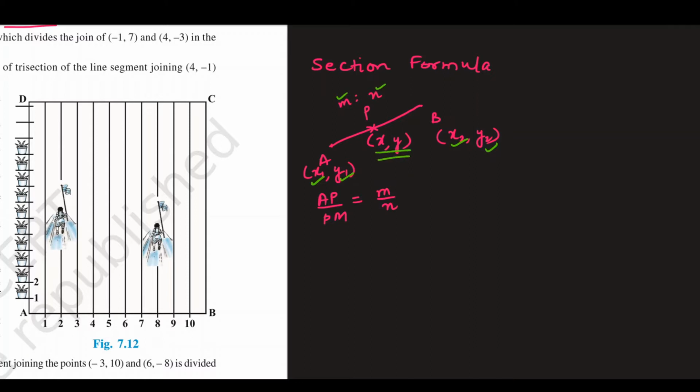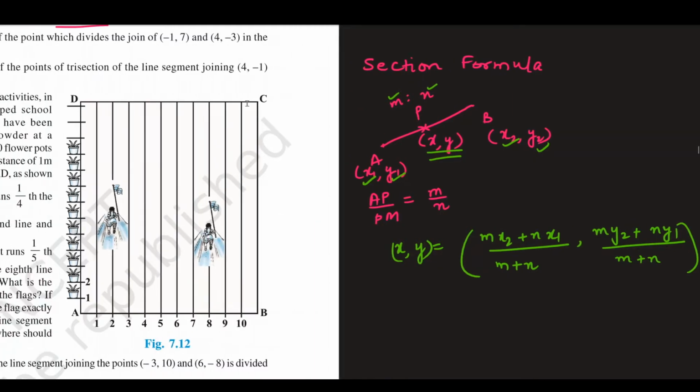So the formula states that x comma y is equal to (m x2 plus n x1) upon (m plus n), comma (m y2 plus n y1) upon (m plus n). So in this exercise we will be using this formula.